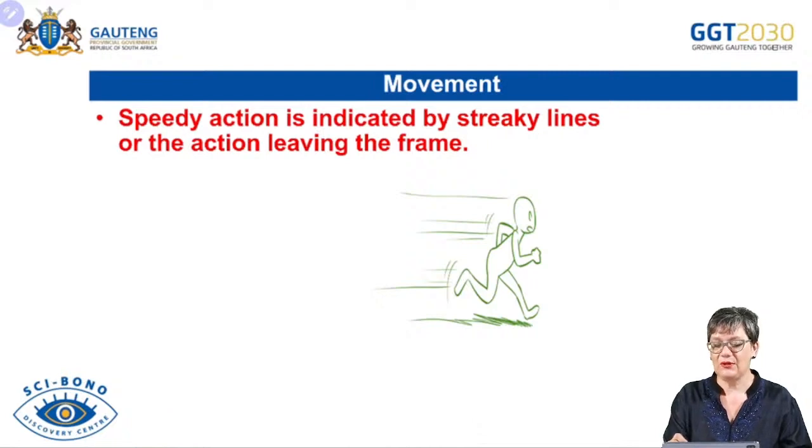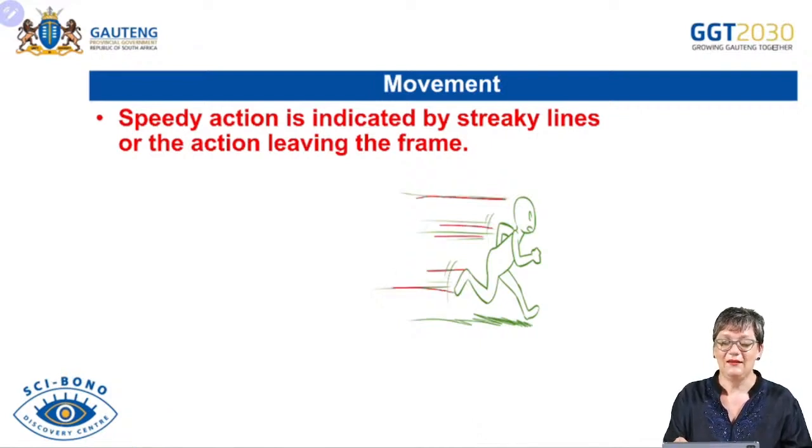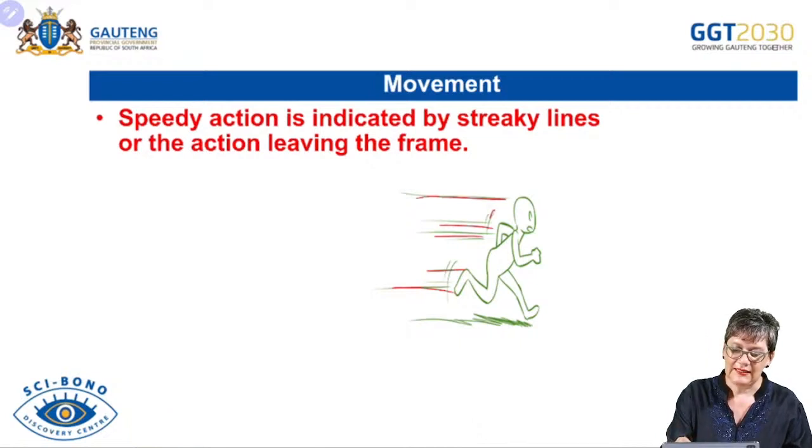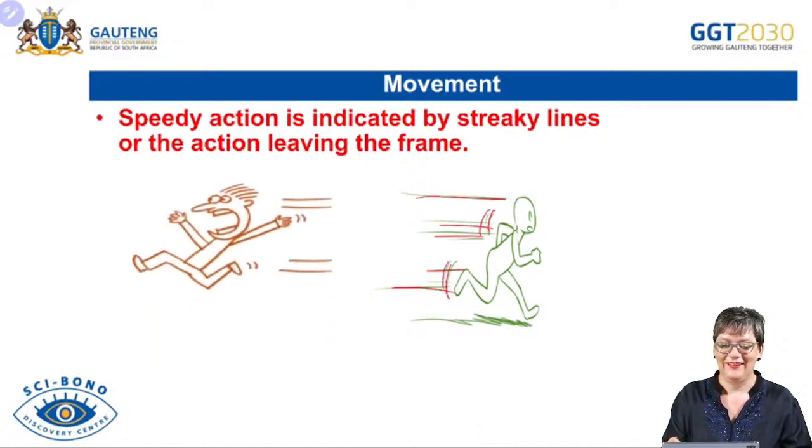So if our cartoonist wants to show speedy action, he's going to use these streaky lines. Can you see these ones? There they go. That tells me this guy is running really fast. These little lines here tell me that he's moving his arms and his legs up and down. Can you see this one as well? Very fast.